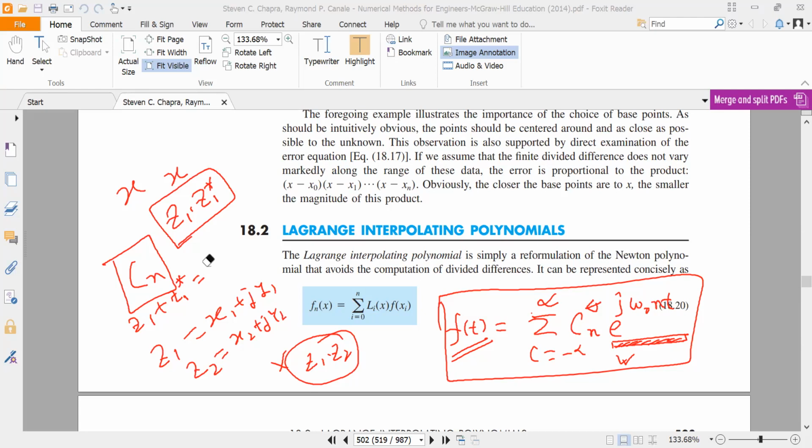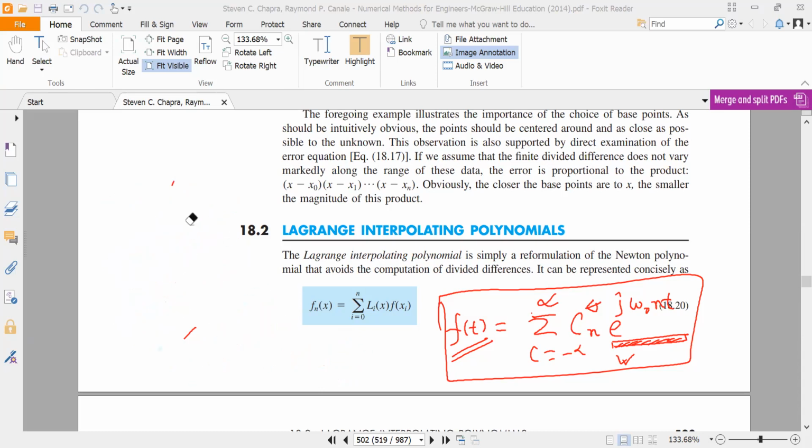What is the magnitude of this product? x1 squared plus y1 squared. Work out the rest yourself.